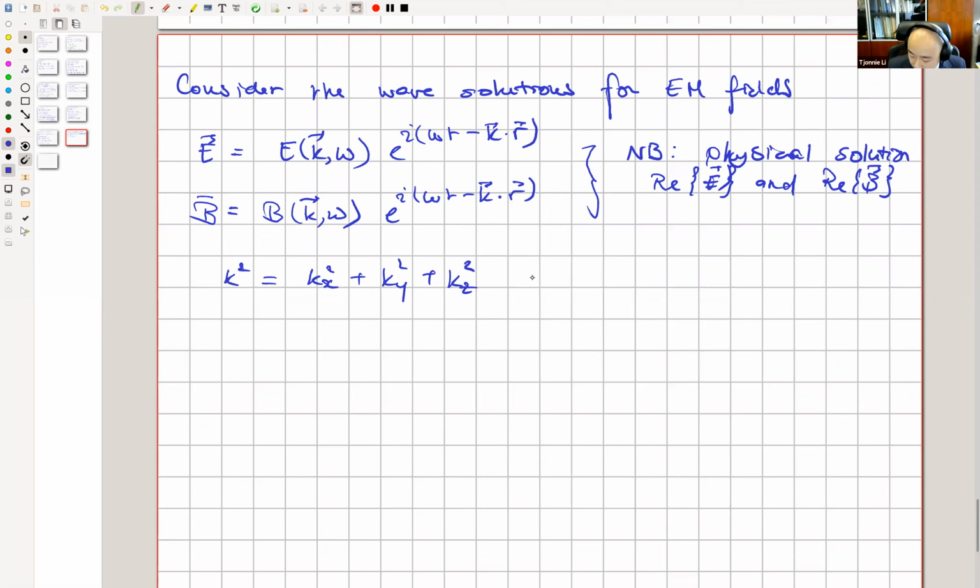And we still have omega equals ck, but in this case k is the square root of kx squared plus ky squared plus kz squared. So we're merely setting out the parameters, the expected solutions for the wave equations for the electromagnetic fields.